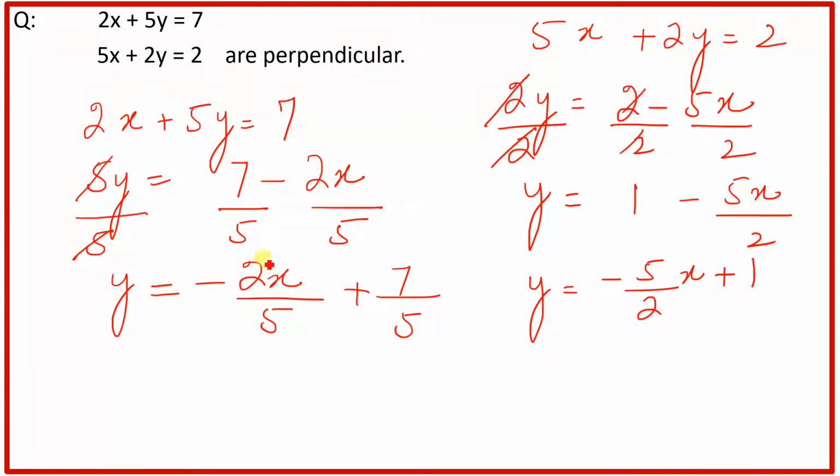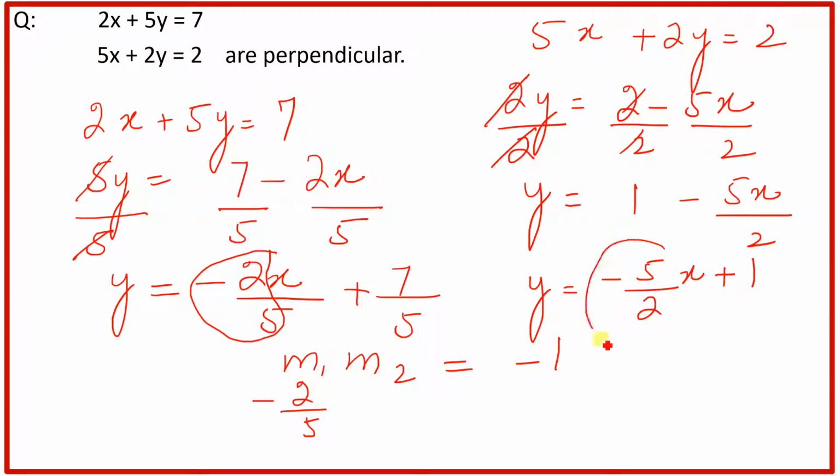So this coefficient is m1. What is the formula? m1 m2 should be equal to -1. So m1 is -2 over 5 and m2, only the coefficient of x, is -5 over 2.